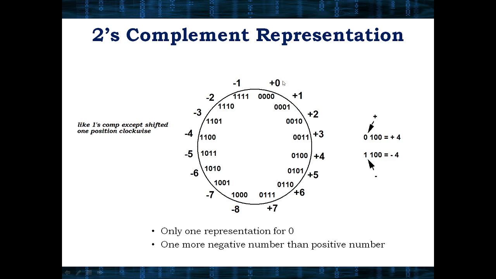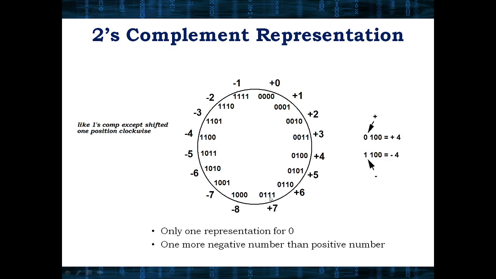So here, how many positive numbers do we have? 3, 6, 7, 8. Here minus 8 is one more number than the positive numbers.